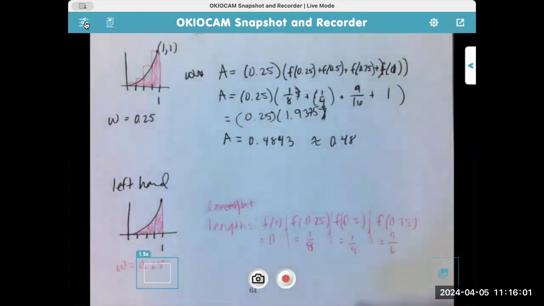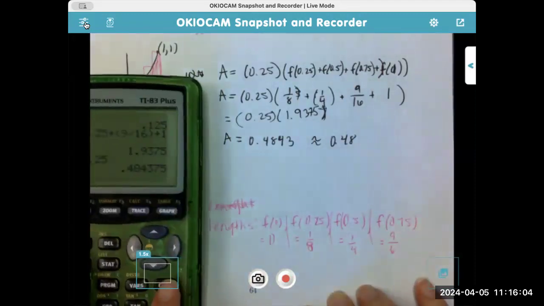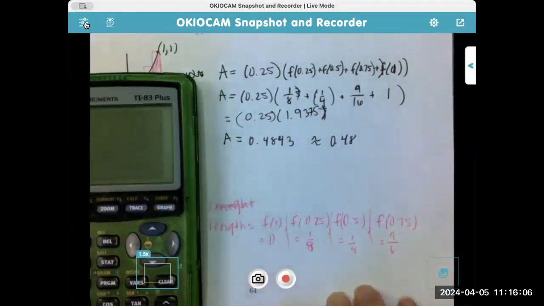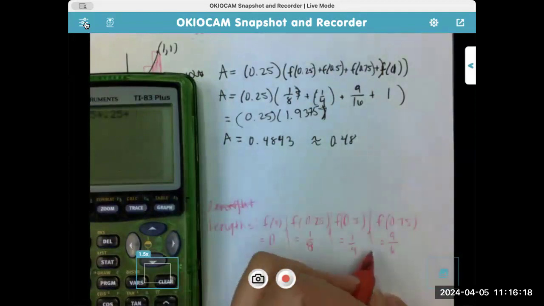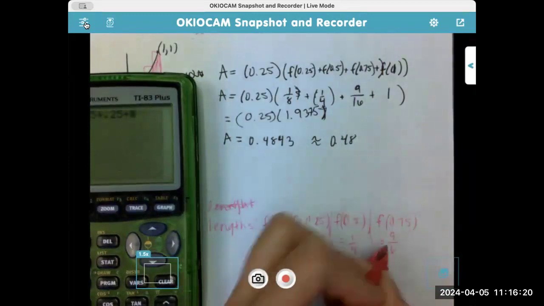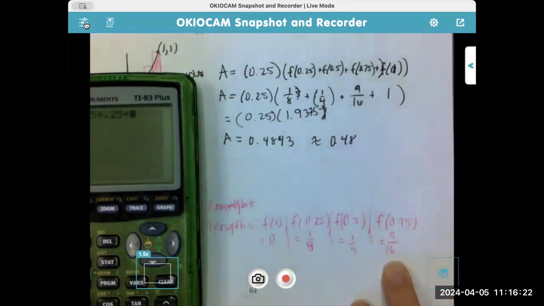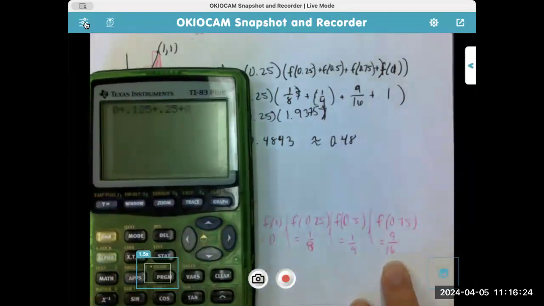Cool, so now we add these up. That's 0 plus 0.125, that's an 8, plus 0.25 plus, let's see, that's 9/16. Oops, see, I caught it. Bet y'all were wondering if I was going to get it. I did.